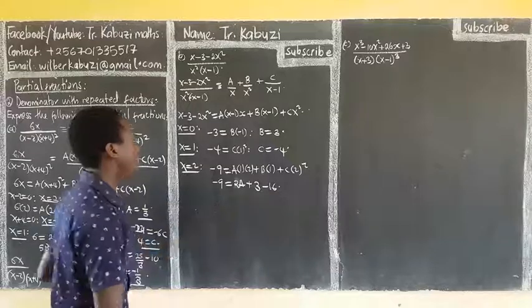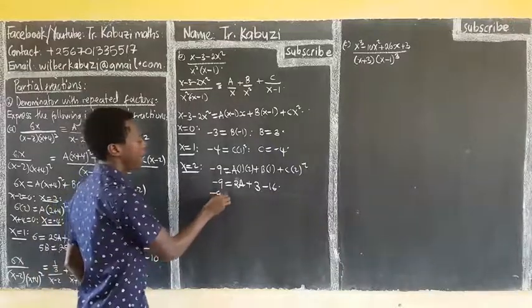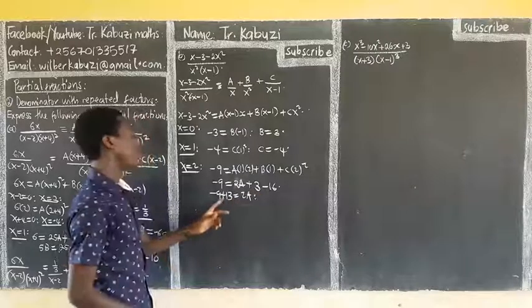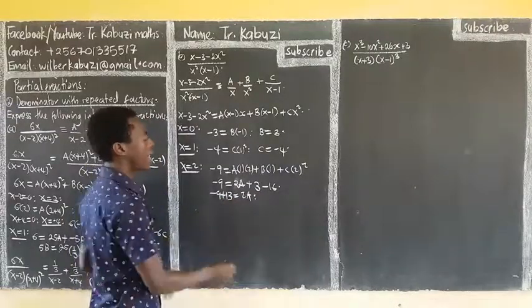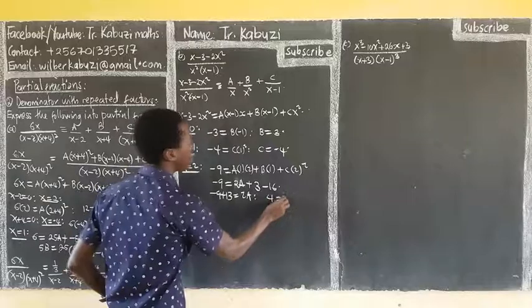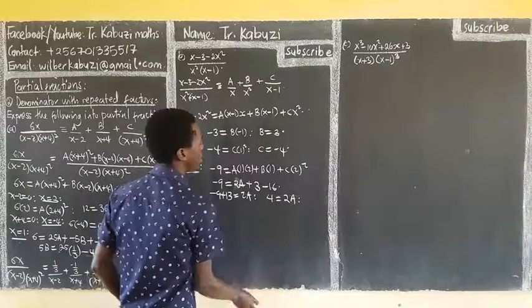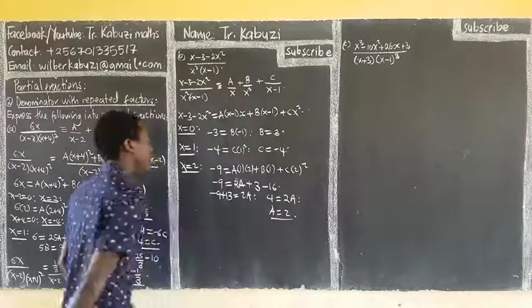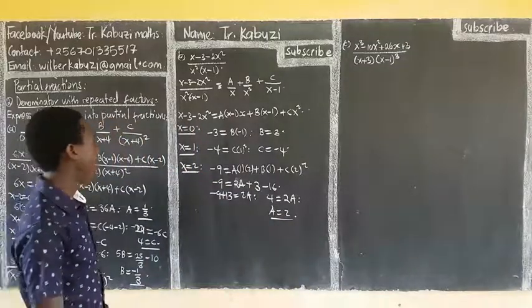When you take it this side, you have now negative 9 plus 13 equaling to 2a. When you simplify this, you're having 4. So our 4 is equaling to 2a, which implies that our a is going to be 2. As simple as that.